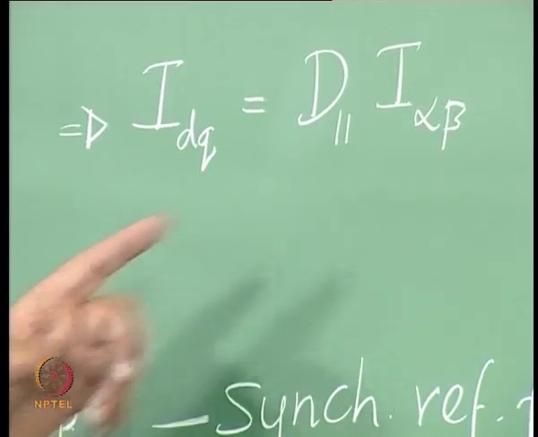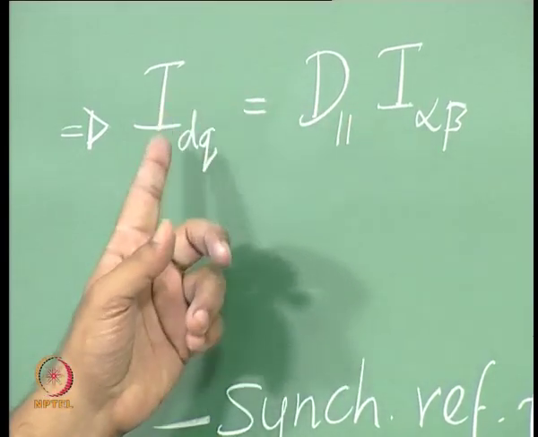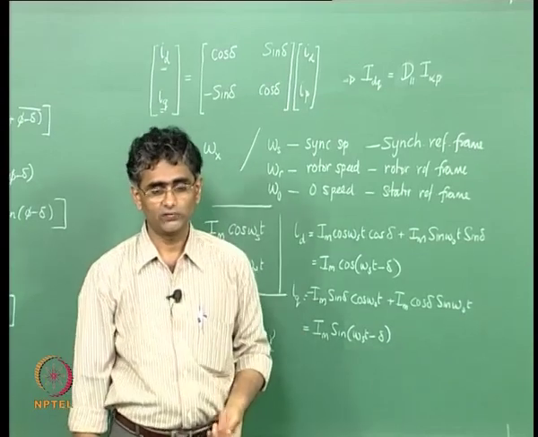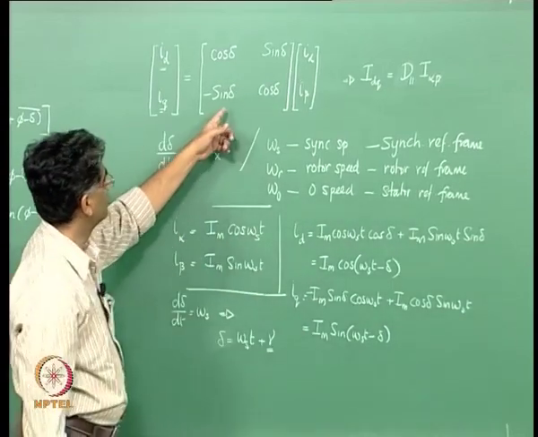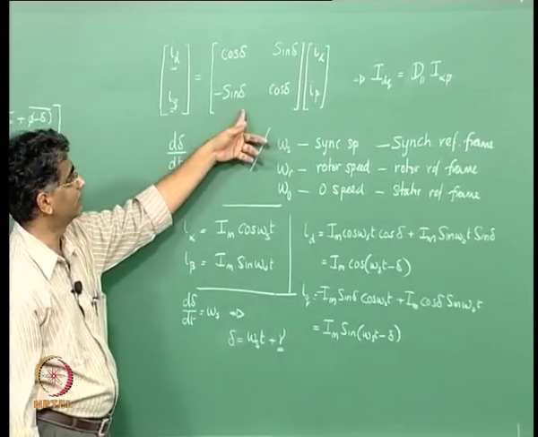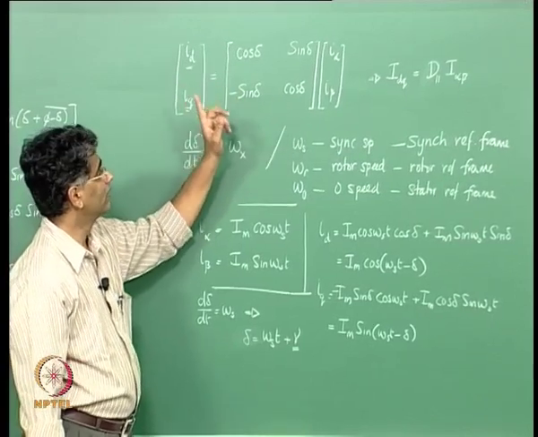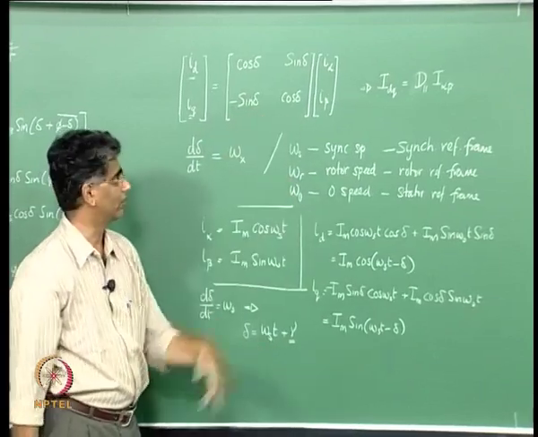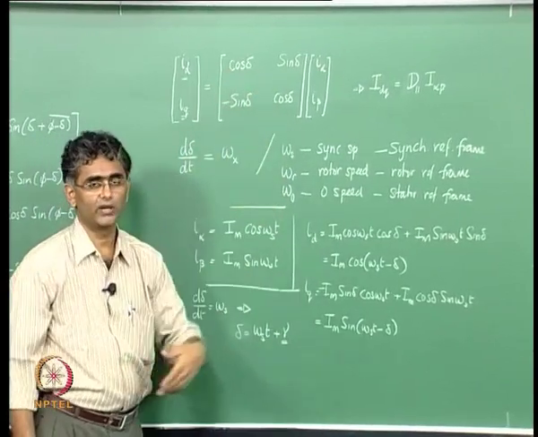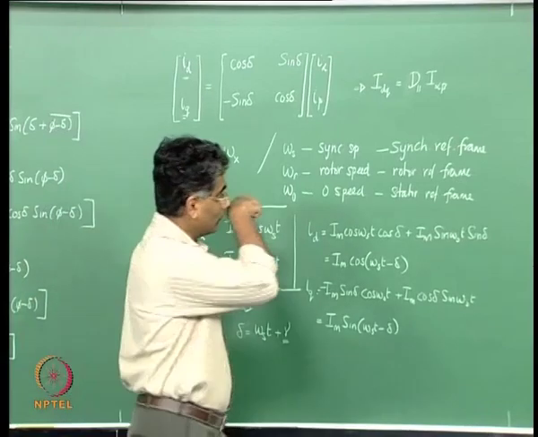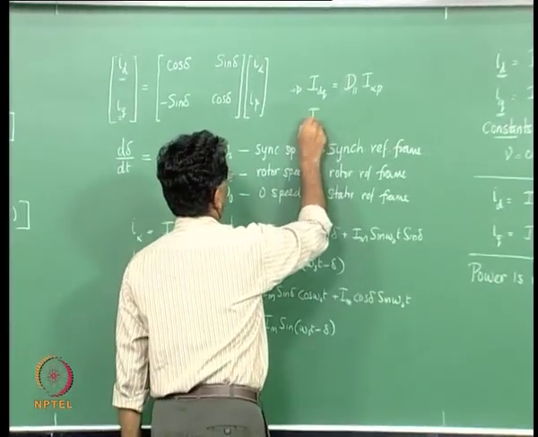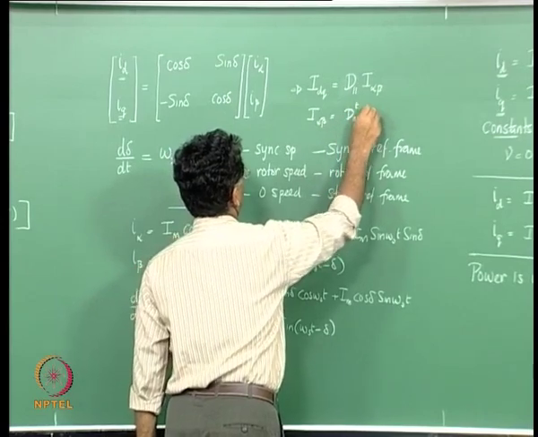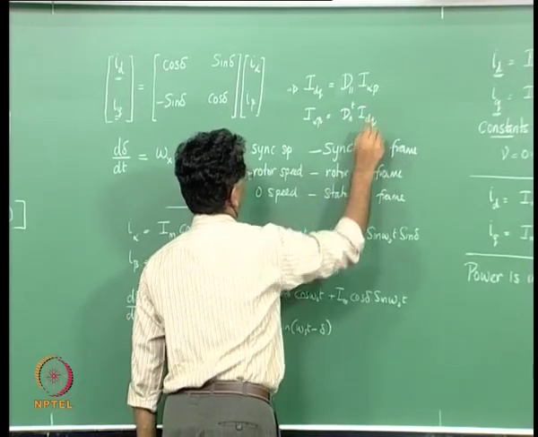If I now want to find I alpha beta having known id and iq, I need to pre-multiply by D11 inverse. The inverse is nothing but the transpose, because the determinant is 1, cos square delta plus sin square delta being 1. Therefore I alpha beta equals D11 transpose into I dq.